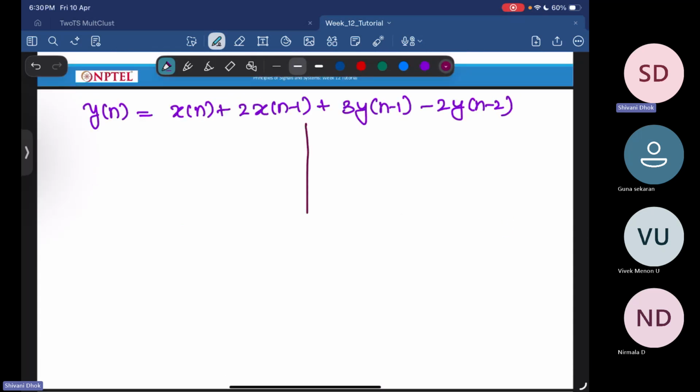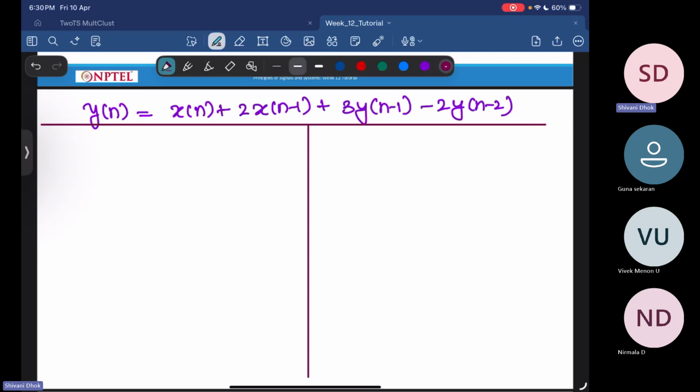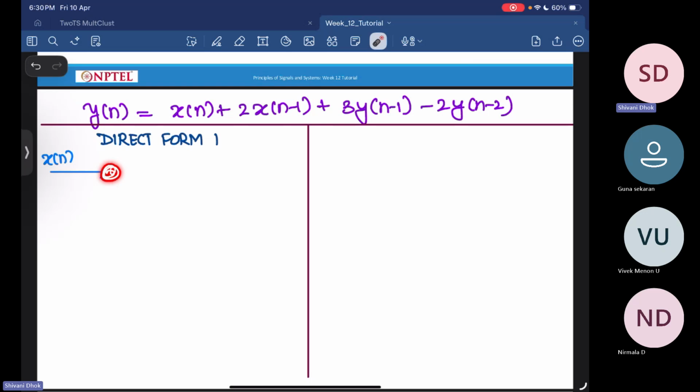I'll partition this page into two parts and use the same page to do both. So let us start with direct form 1. Basically, we have an input x of n, and this particular point is x of n.